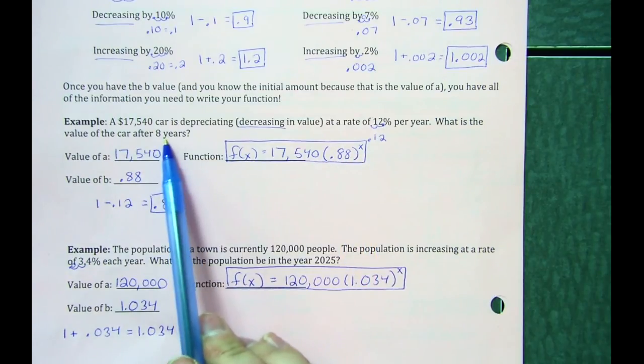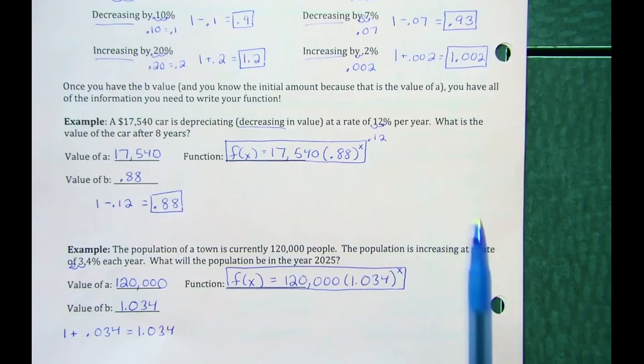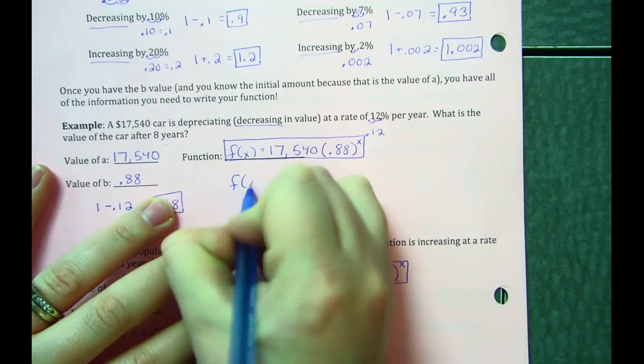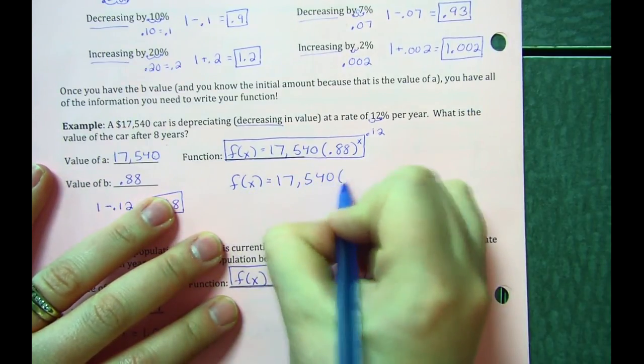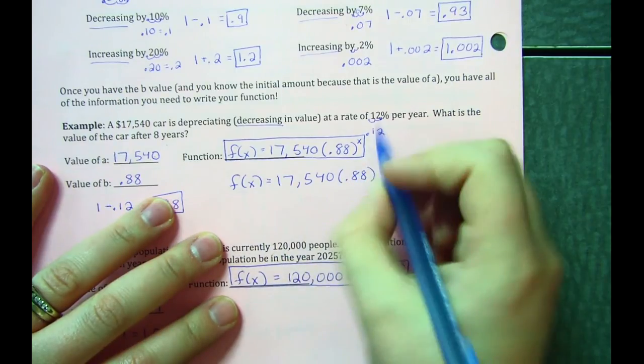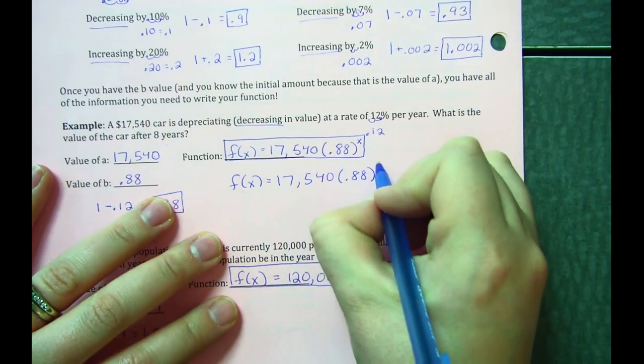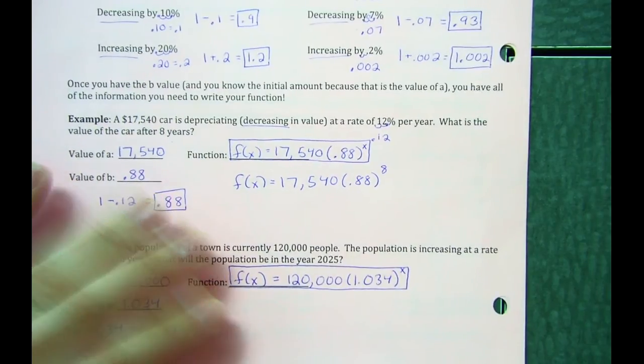So after 8 years, it would decrease 12% 8 times because it does that each year. So for 8 years, that would be 8 times. So to find our answer, we are just going to see what this equals when we have an 8 up there for our exponent.